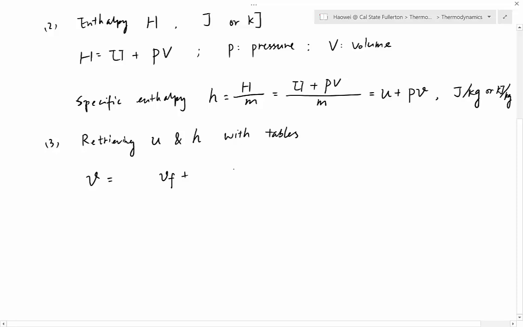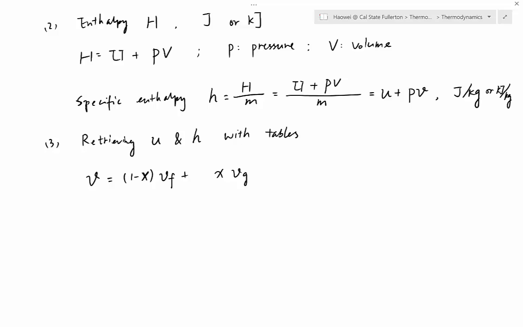The second component is saturated vapor, point g. How much do we have for vapor? That is the definition of quality, so that's x. And how much do we have for the liquid? That's the rest, so it's 1 minus x. This is the equation you can use to look for specific volume nu if you have a mixture.